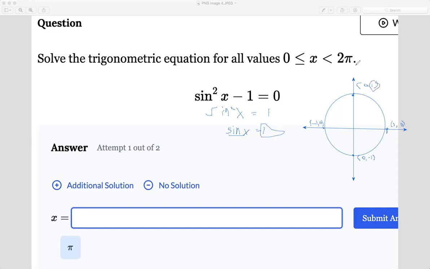Now, if that's in radians, that's pi over 2. That's pi over 2 because this is 0, this is half of pi, and here we have pi. We got 3 pi over 2. So it seems like we should only put one answer, and that is the angle pi over 2.